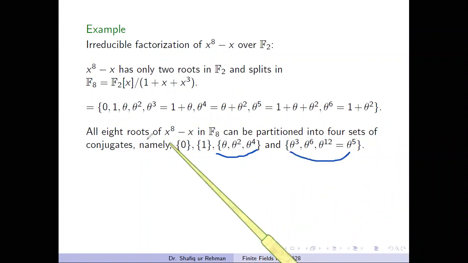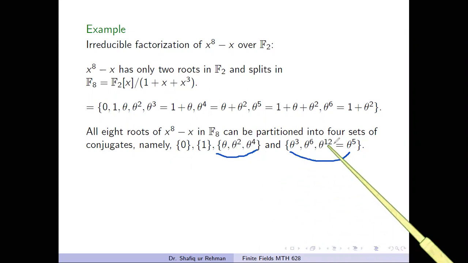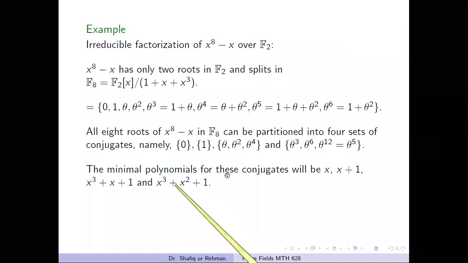We can also apply here the previous definition or theorem to find the set of conjugates: theta, then theta squared, then theta 4. Here theta cube, theta 6, and then theta 12. So we stop. By using this, minimal polynomials can be obtained. From 0 we get this minimal polynomial, from 1 we get this, and from here we take x minus theta, times x minus theta square, times x minus theta 4, and then multiply, and we get this, and similarly from this we get this.